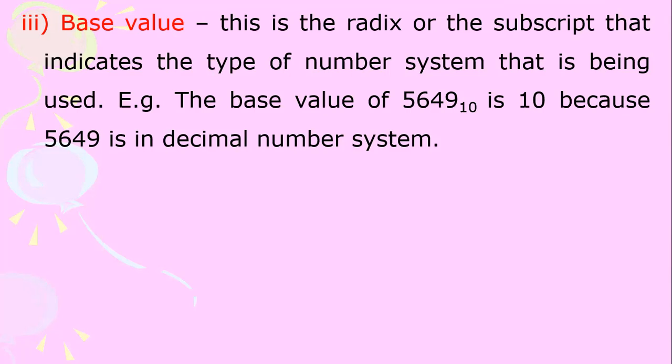Just as I have said, the base of the number indicates the number system that that number is in. For example, 5649 to base 10 simply means that it's a decimal number system because the numbers span from 0 to 9, and those are 10 digits, so base 10.